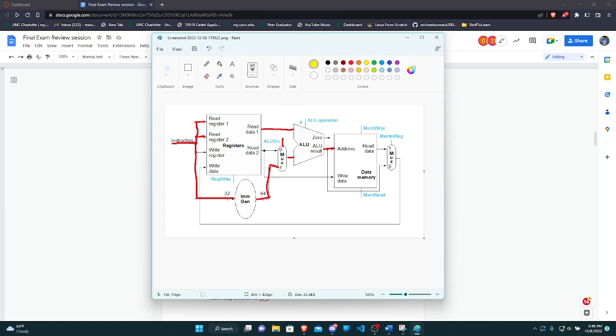Now, RS2 is what is stored into memory. So with a different color, we're going to put this down in memory, and then that just turns into flagging that we now have something to write back.